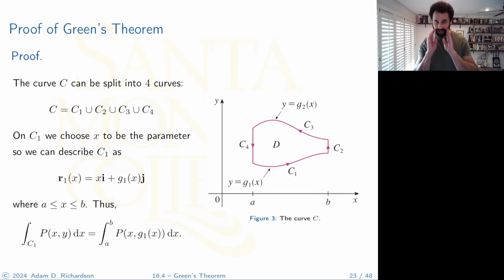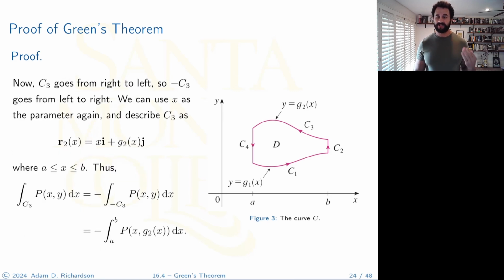That's the idea. So maybe that looks a little bit familiar. Now do the same thing for C3, but C3 normally goes from right to left. So the opposite of C3 goes from left to right, which is really what we want. We can choose x as the parameter again.